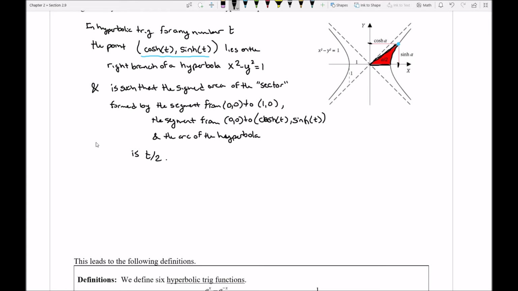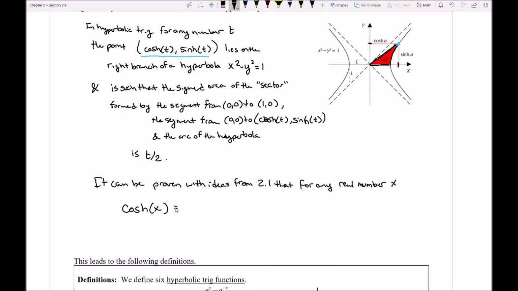And so it can be proven, and I'll write this here, specifically it can be proven with ideas from 2.1 actually, that for any real number x, the hyperbolic cosine of x has the following formula.